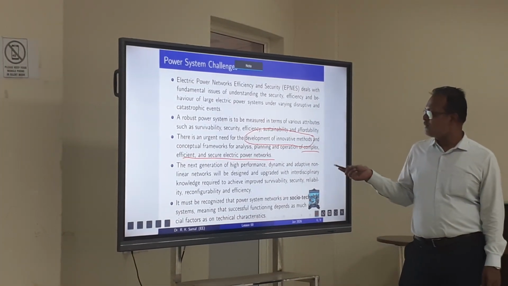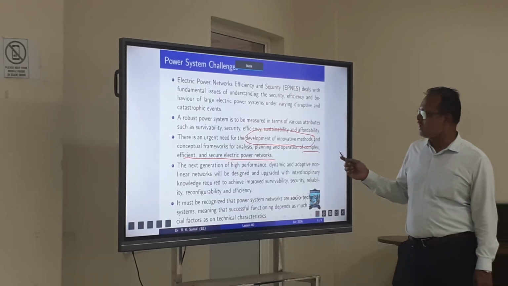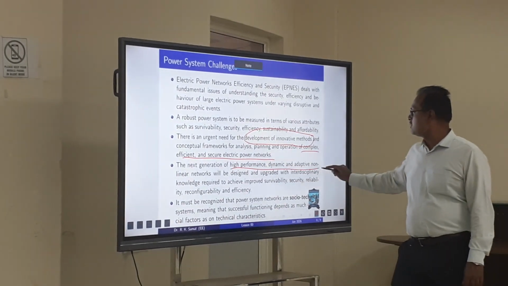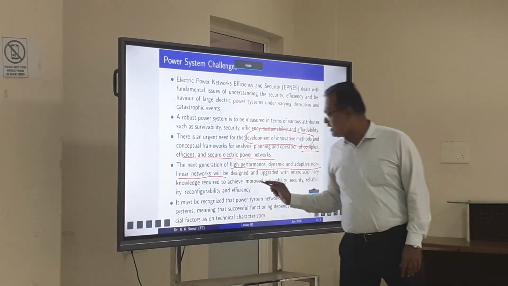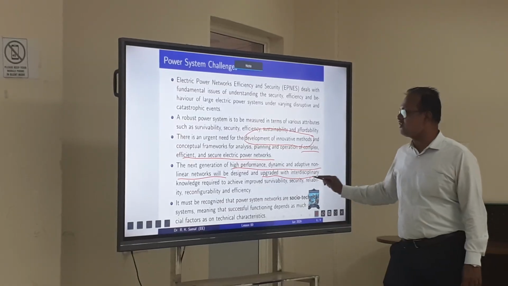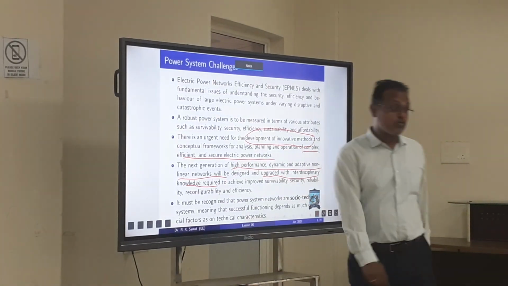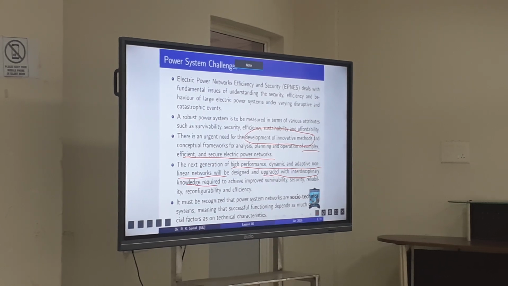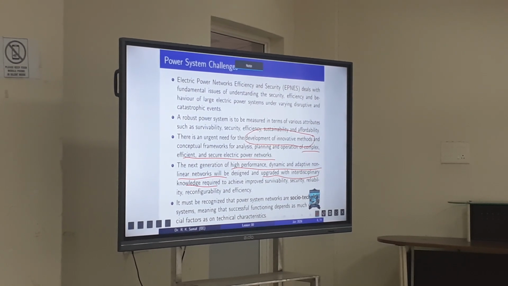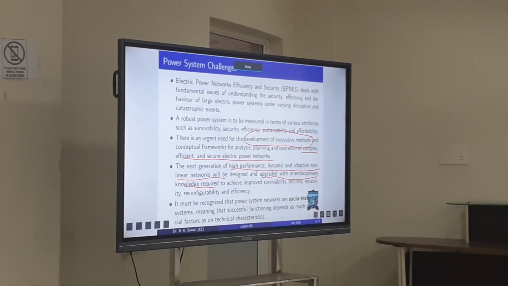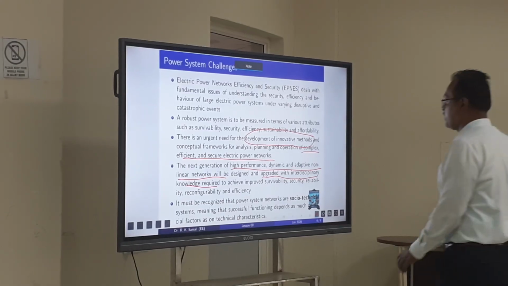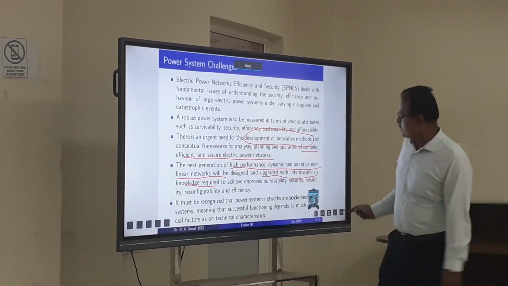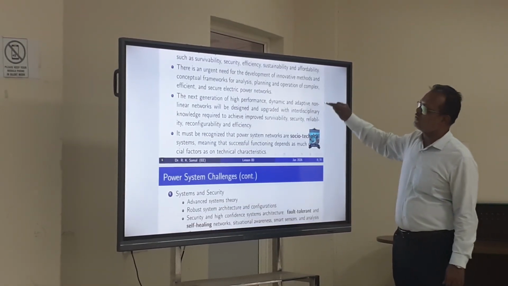The next generation of high performance, dynamic, adaptive, non-linear networks will be designed and operated with interdisciplinary knowledge, because it is not only electrical engineering; you need communication engineering knowledge, computer science engineering knowledge, you need cyber security, and various layers are there. This is the most important part. So PSOC you can follow.